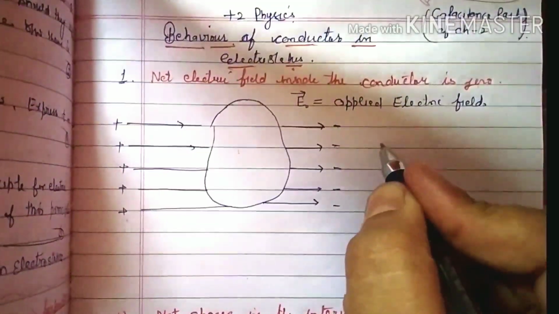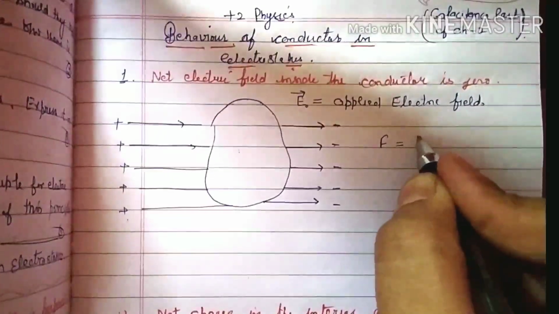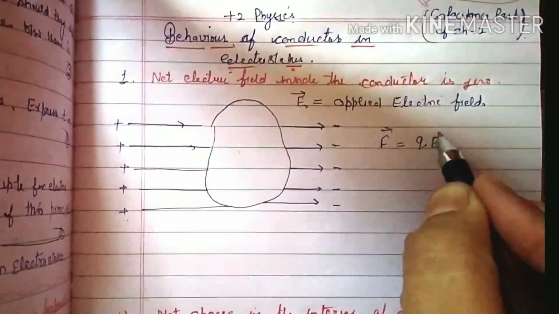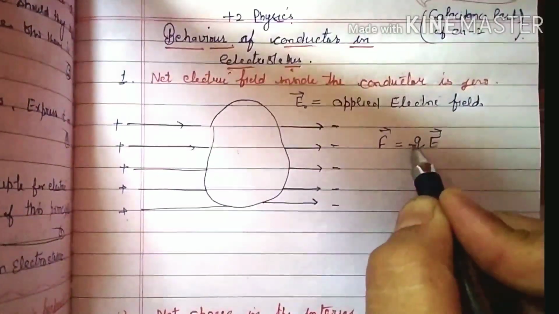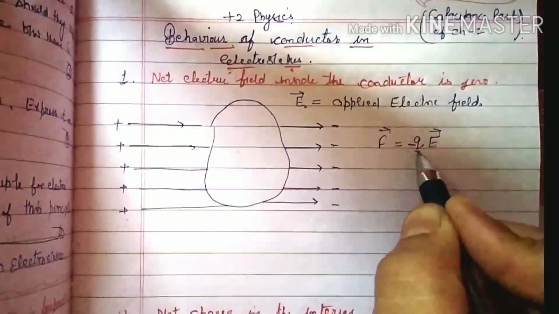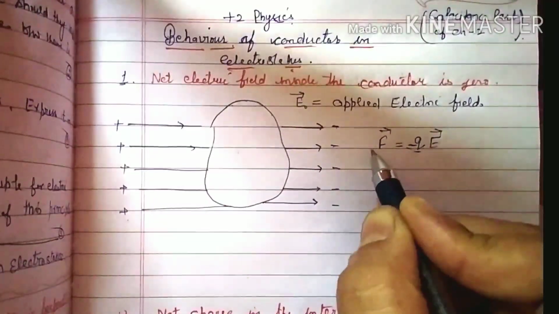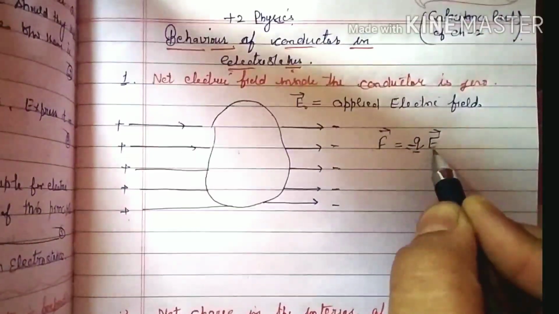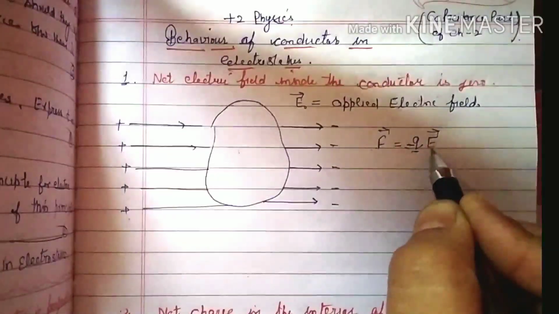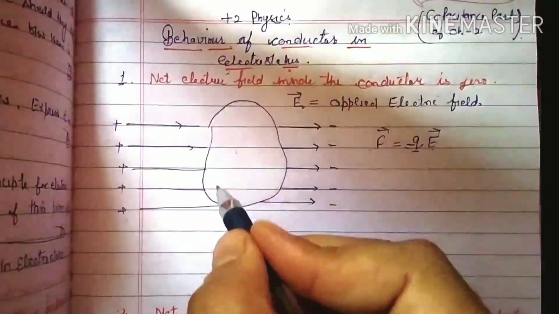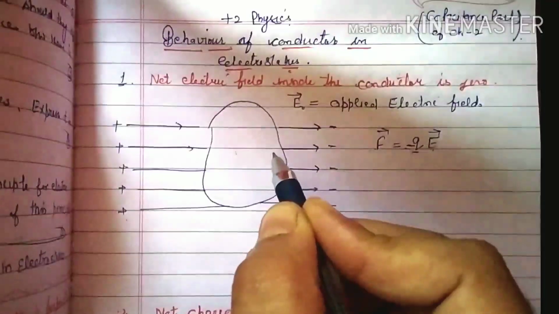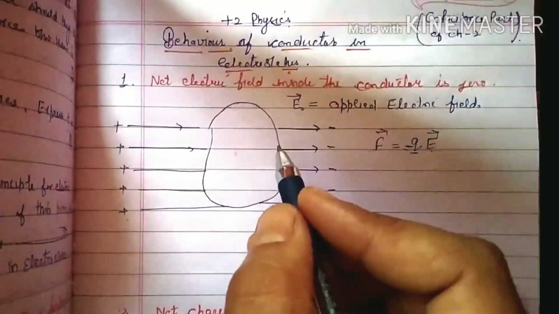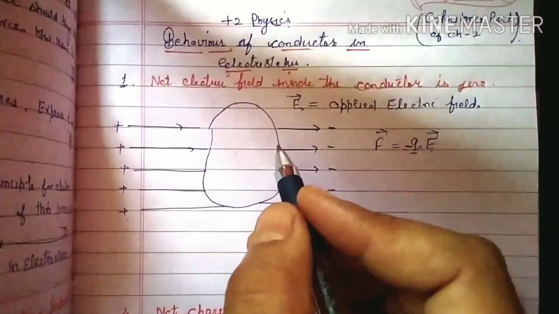According to the formula, F is equal to QE, in vector form, where Q is the negative charge on the electron. So the electrostatic force experienced by the electron is opposite to the direction of the electric field. So the free electrons on the surface of the conductor experience a force in the direction opposite to the electric field, which means there is a redistribution, a rearrangement, of the free electrons on the surface.